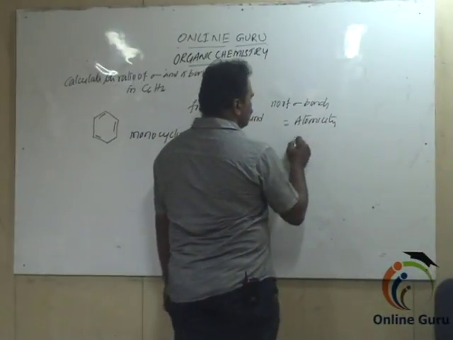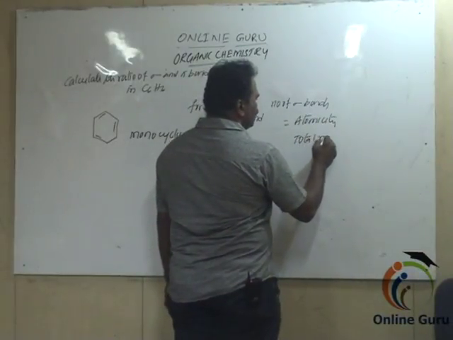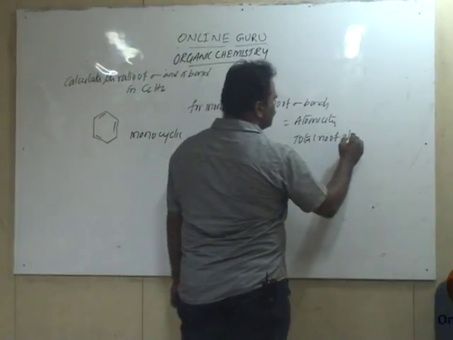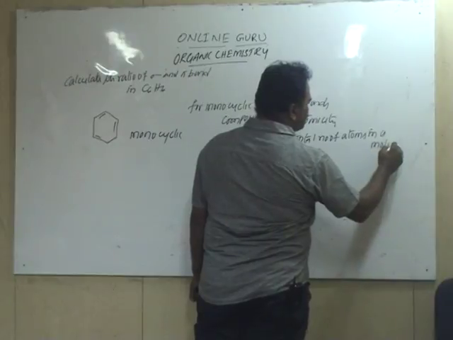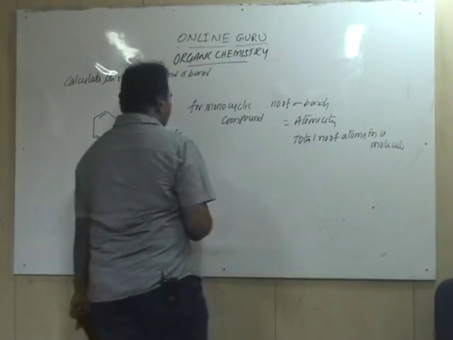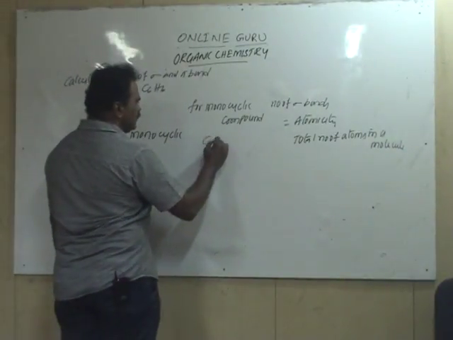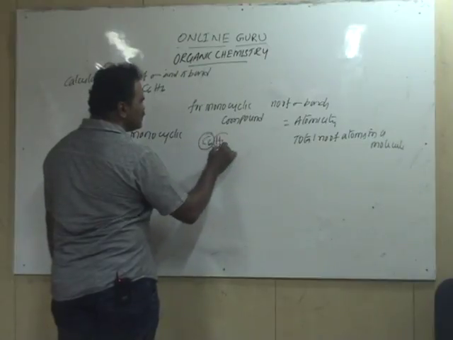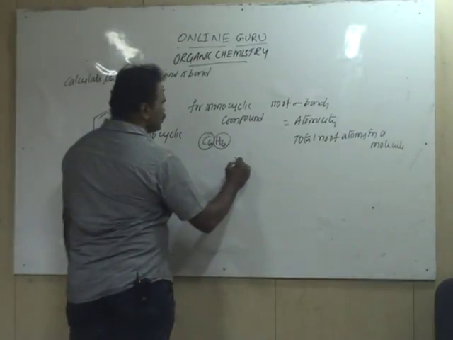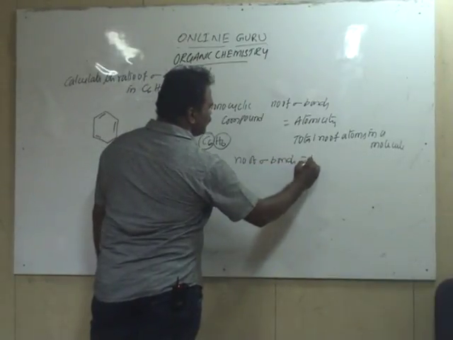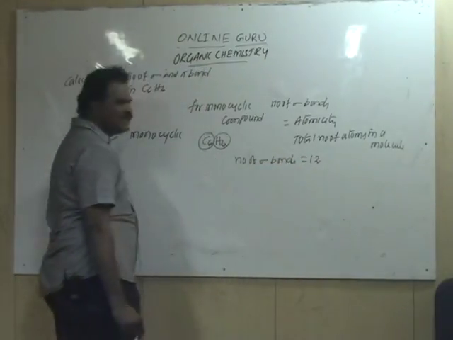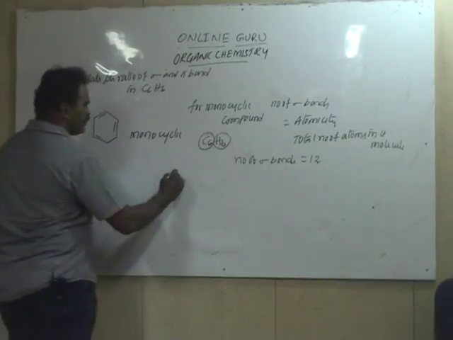Atomicity means the total number of atoms in a molecule. C6H6 has 6 carbon atoms and 6 hydrogen atoms, so the number of sigma bonds equals 12.